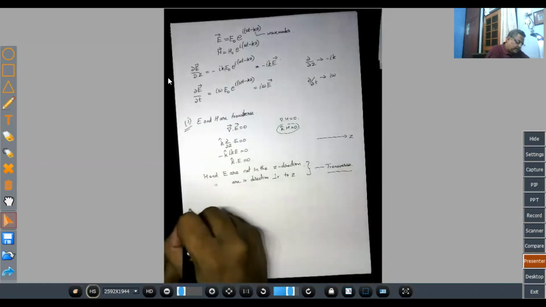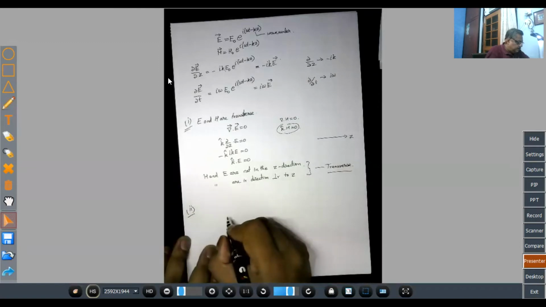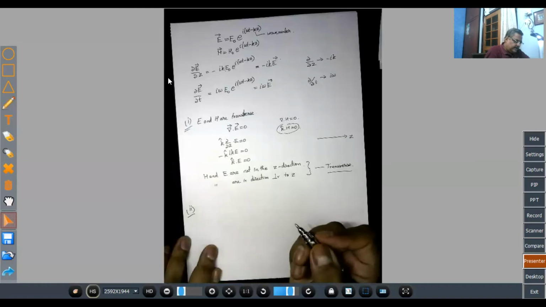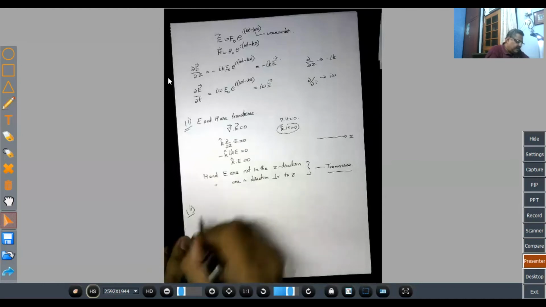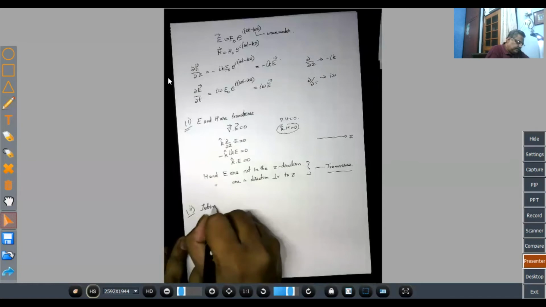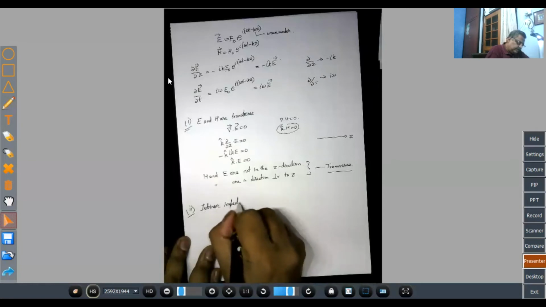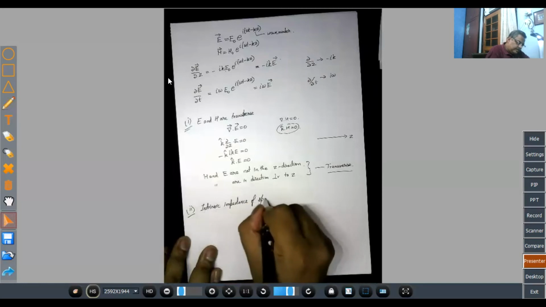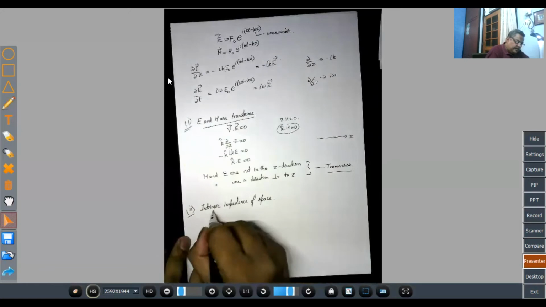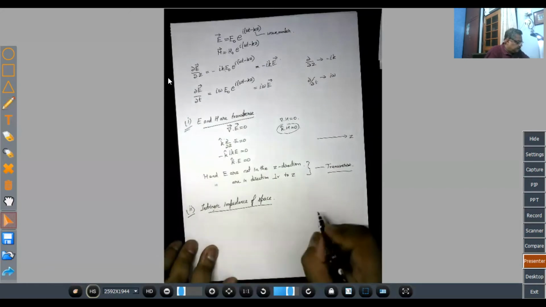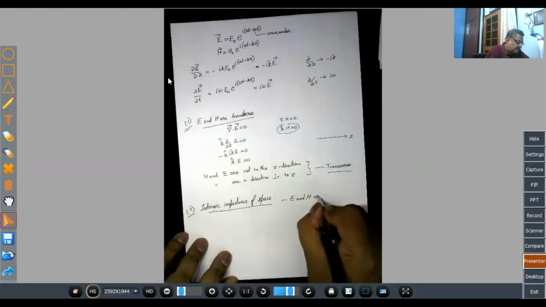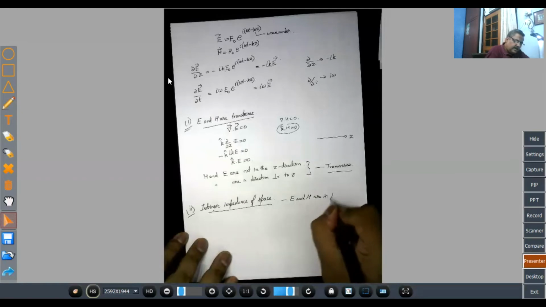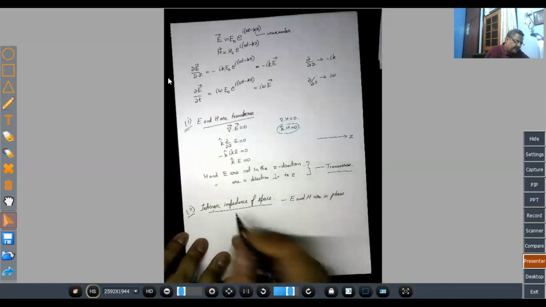Now we see the impedance of space. So what we should show that E and H are in phase, and we will obtain the expression for the impedance.